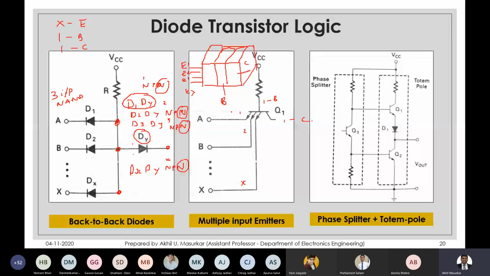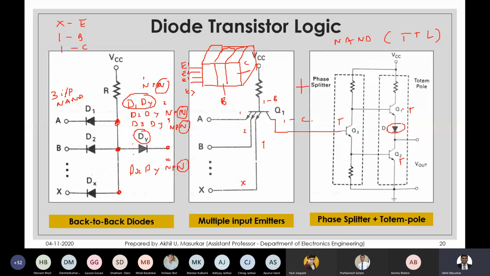So we combine these two. If I connect it here, I should get a NAND, and that NAND we will call TTL NAND, because we have transistor, transistor, transistor and transistor, with this one additional diode just for isolation between the above transistor and the below transistor.